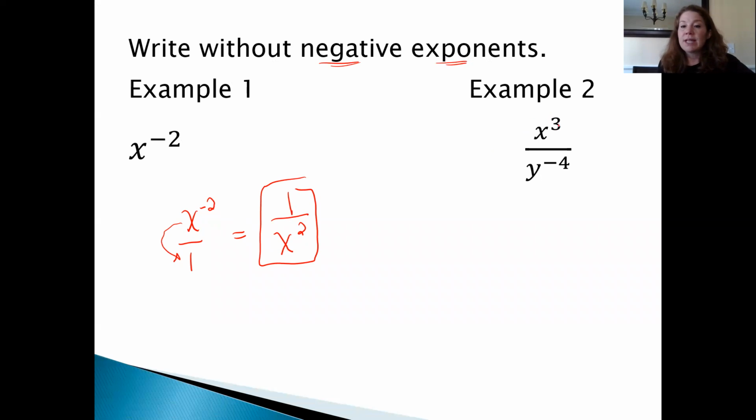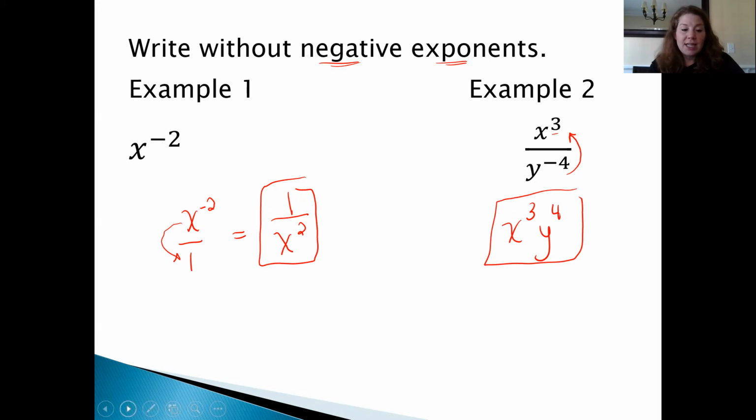Example 2, my 3 is fine. It doesn't need to move, but that negative 4, in order to make it a positive 4, I've got to move it up above the line. When you cross the line, you change the sign. So I'm going to move y up next to x, drop the negative. That's why we're doing this. We want to drop the negative sign.